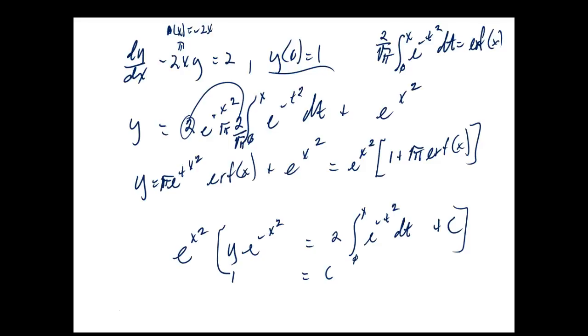Now, the graph of this solution on the interval minus infinity to infinity is shown in the dark blue. This is the one where y of 0 is equal to 1. That's the dark blue line here. And you, EFF... it's ERF.